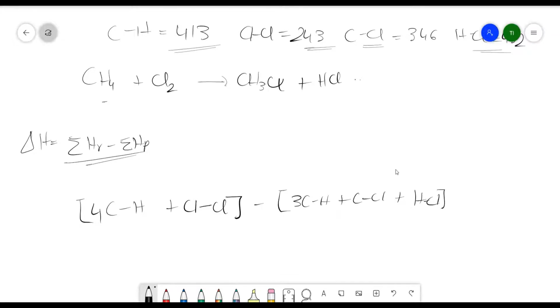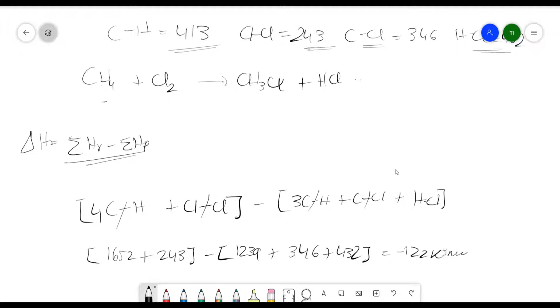Now, when you do that, it's 4 times CH, 413, so that's 1652, plus Cl-Cl, that's 243, minus 3CH, so 413 times 3, that's 1239, plus CCl is 346, plus HCl is 432. And so the answer is minus 122 kilojoules per mole.